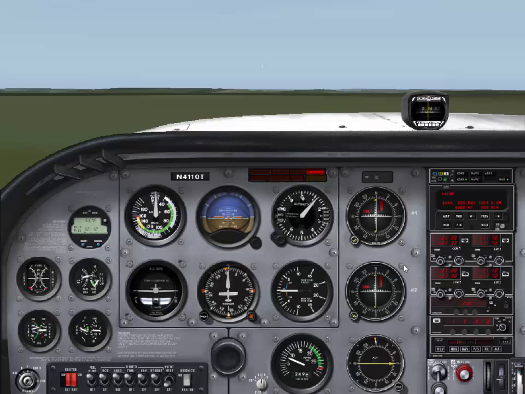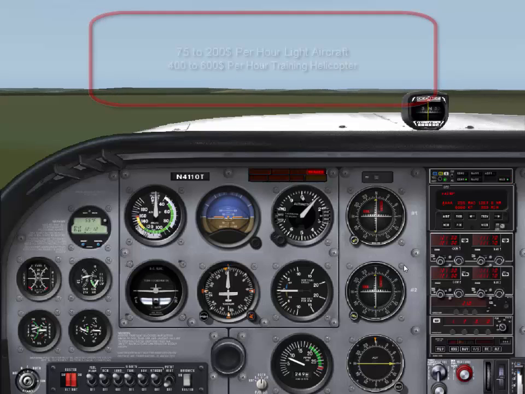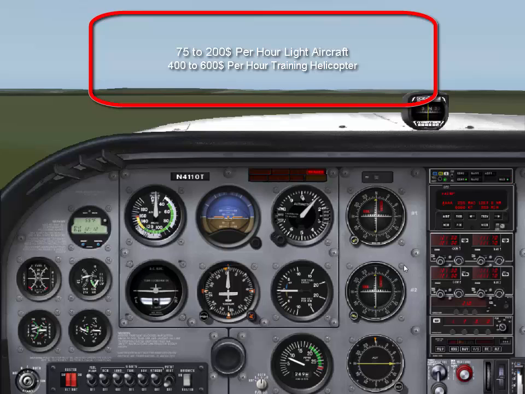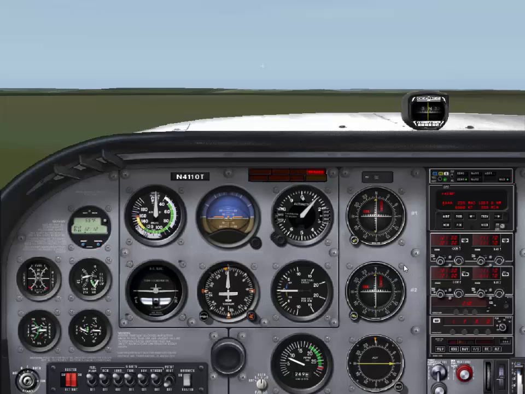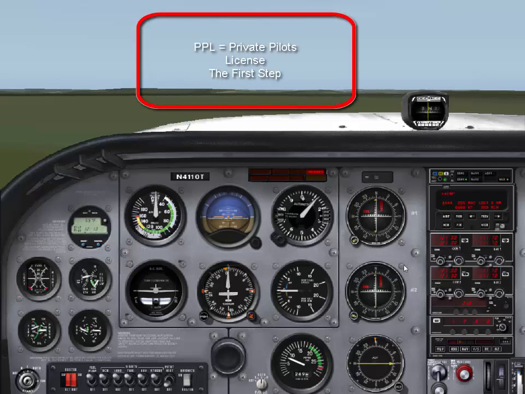So why is this VLE important? Flight time in a private aircraft can reach as high as $200 an hour by the time you count the cost of having a certified flight instructor teach you your 40 hours of flight. So while X-Plane has some inconsistencies with the real-world aircraft, practicing in X-Plane and similar flight simulators for professional and amateur flight students working on their initial license, the private pilot's certificate, can save a tremendous amount of cost because they're required to have a minimum of 40 hours before they're allowed to solo.